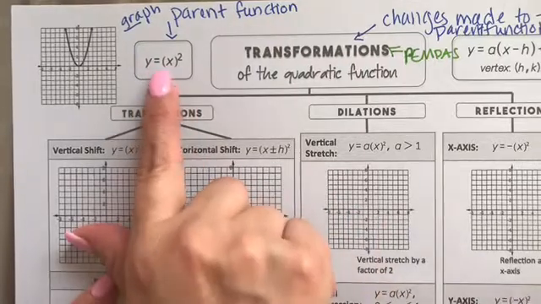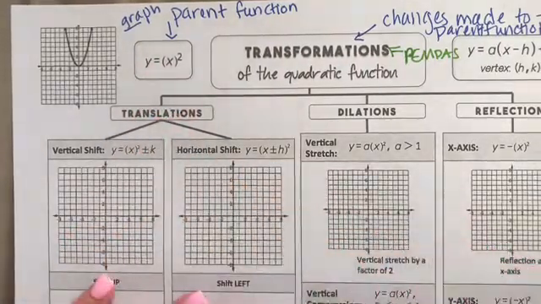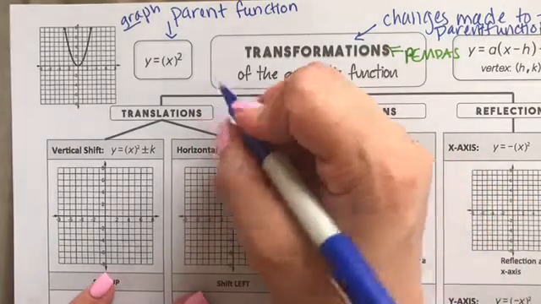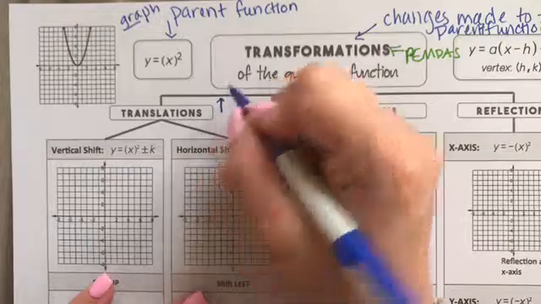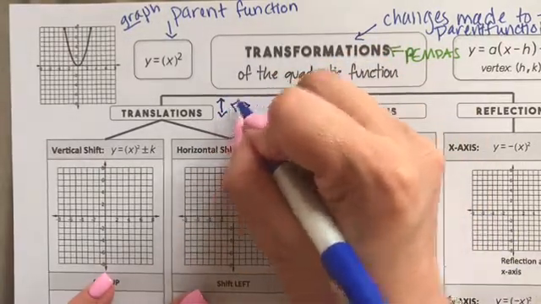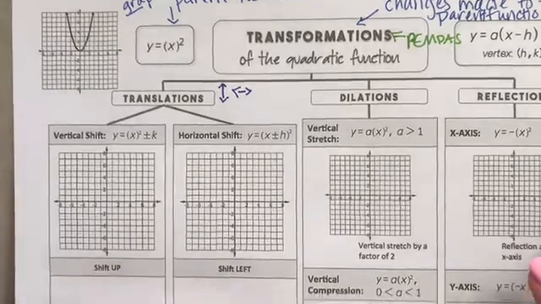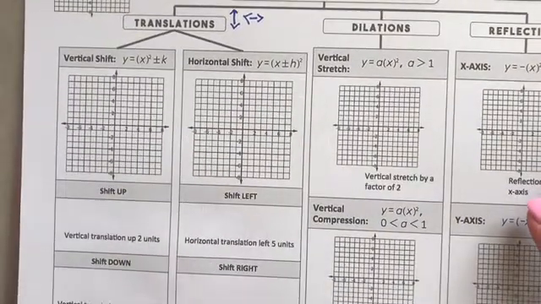So this is the parent function, so we're going to be making translations first. Now, translations are vertical and horizontal. Starting from the left, we're going to look at a vertical shift.